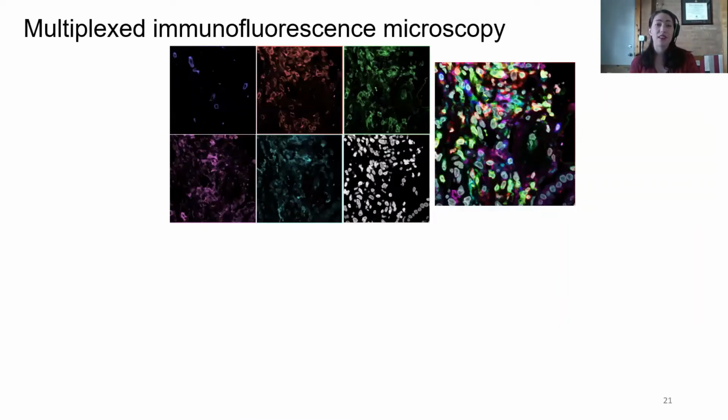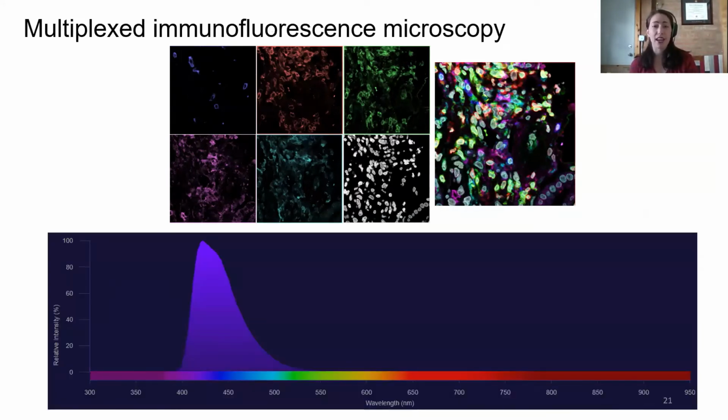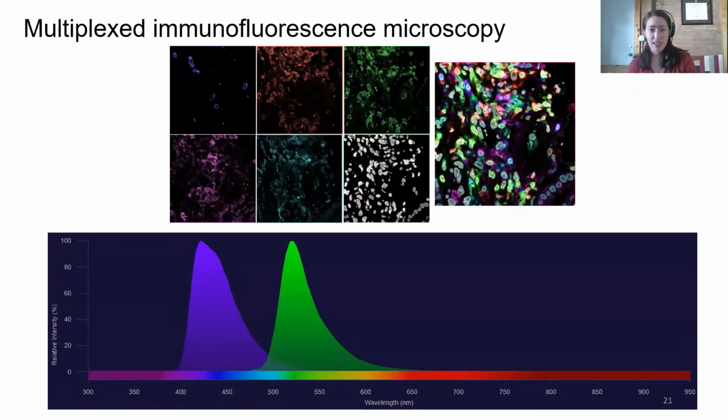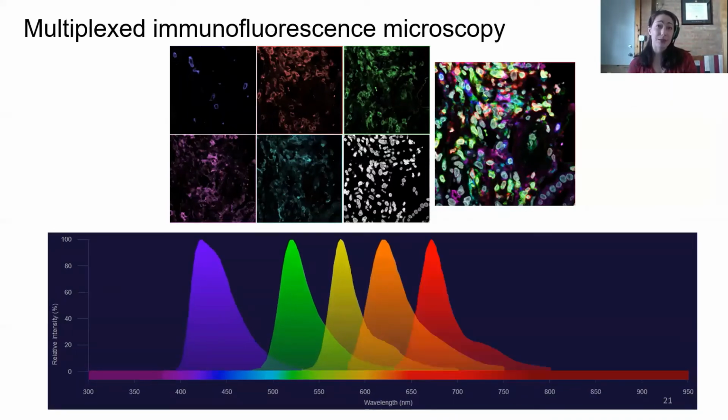So if we look at our multiplexed immunofluorescence microscopy, as I said earlier, we're limited by the physics of the imaging. If I have my DAPI channel, my 405 spectra right here, and then I collect a few more stains, you can see if I were to go any deeper in here, there would be a lot more channel bleed through. So the spectra of these specific fluorophores limit the number of channels that I can acquire in a specific field of view.